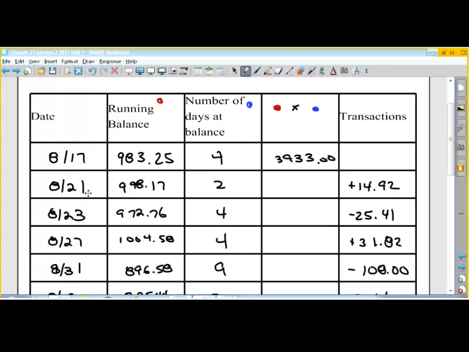And looking at here, to get the 4 is there's 4 days between the 17th and the 21st. There's 2 days between here. That's where the 2 comes from. There's 4 days here. So these numbers are just the difference in the number of days between the balances. So I just do that. Just multiply those 2 columns together.